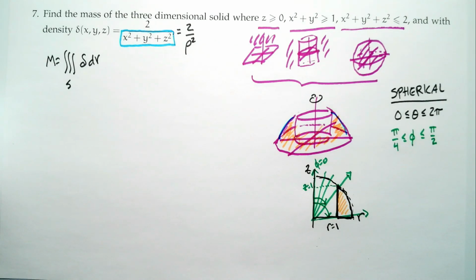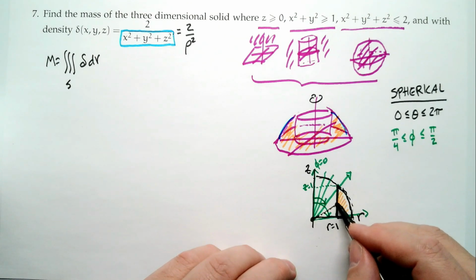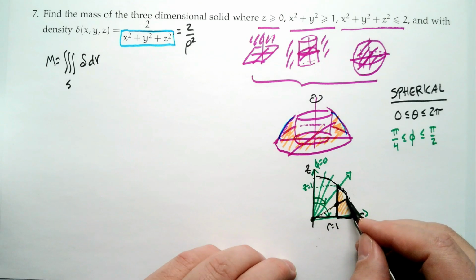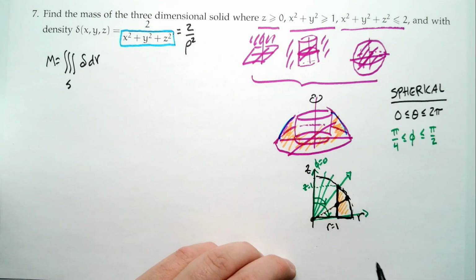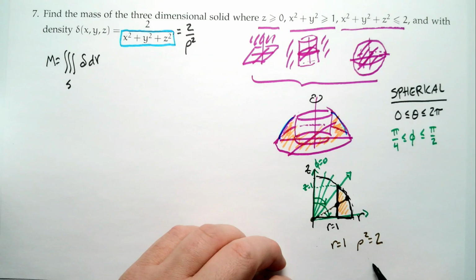Now we have to think about our rho. Rho comes from the origin and it keeps moving out, and it's going to hit, and then hit again. So where does it hit? It hits at r equals 1, and then it hits at the sphere, which is rho squared equals 2. We need to translate these into simpler expressions, because I need to have rho equals. Well, rho squared equals 2 is basically done.